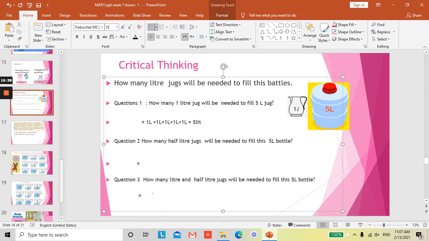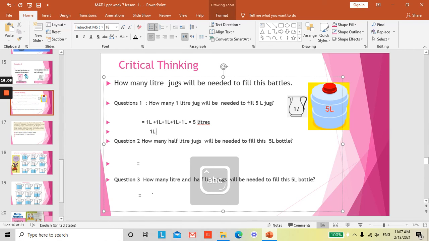When you put water, you add 1 plus 1 till 5. So it's 1, 5 times, which is the same as 5 liters.